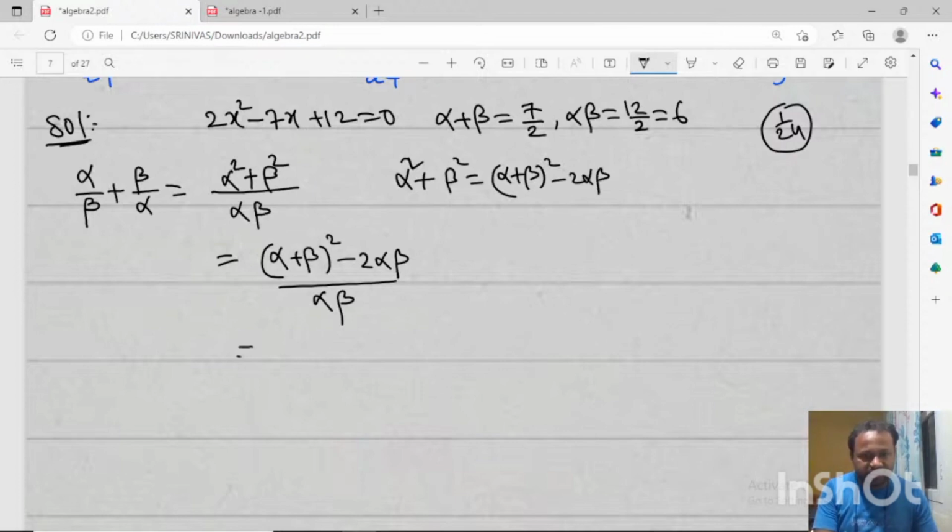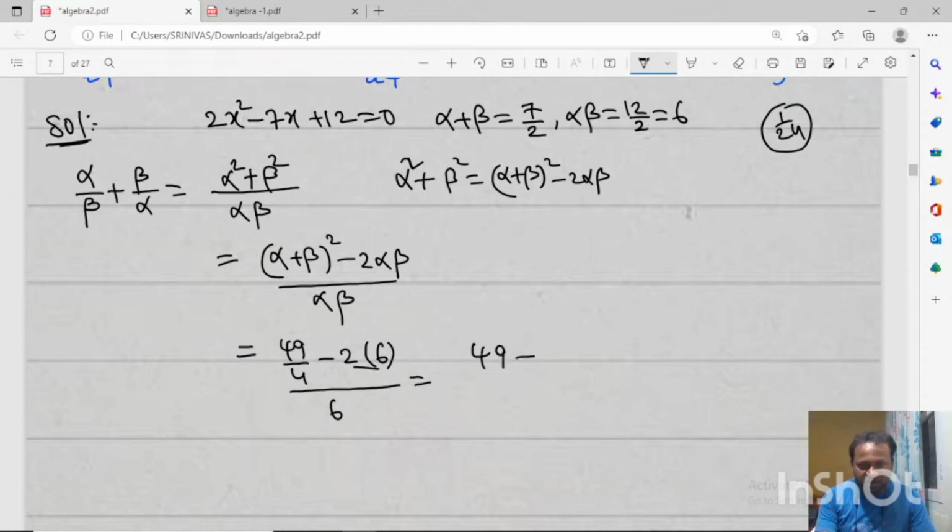So alpha plus beta whole square means 49 by 4, minus 2 into alpha beta value 6, divided by alpha beta value 6. We need to simplify. Then what we get? 49 minus 48 by 4, divided by 6, that is 1 by 24. So the answer is 1 divided by 24.